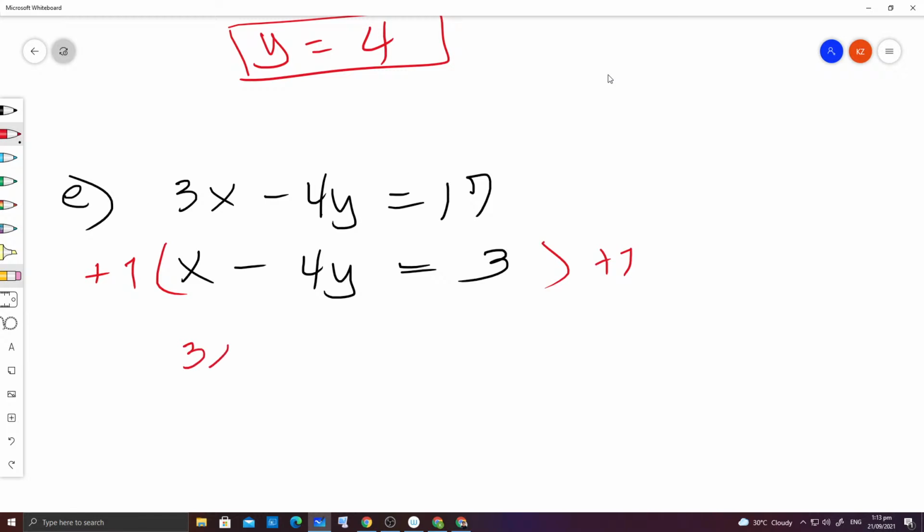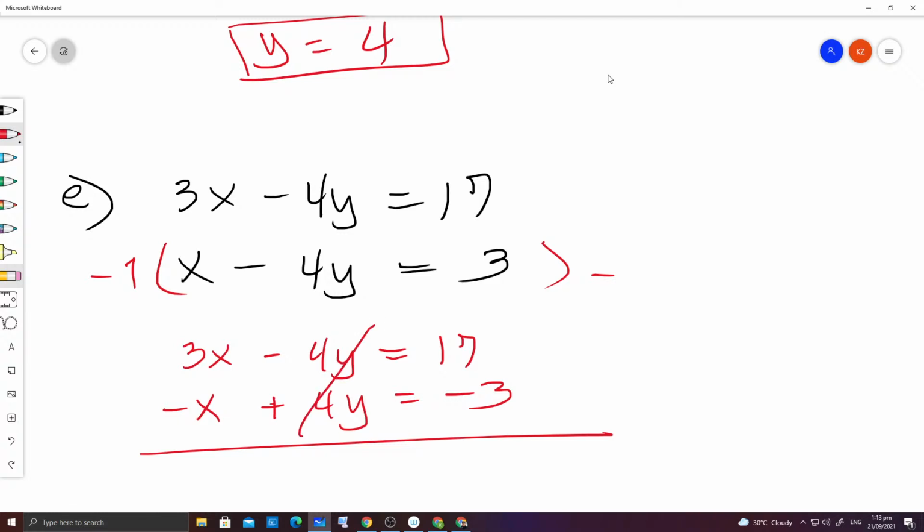So we have 3x minus 4y equals 17, and negative x plus 4y equals negative 3.